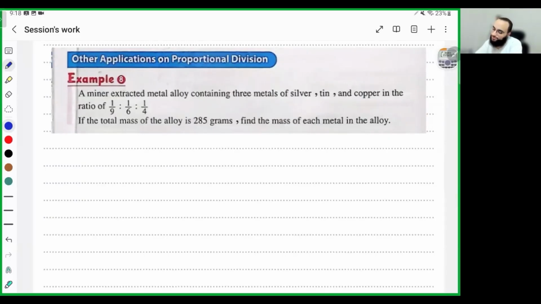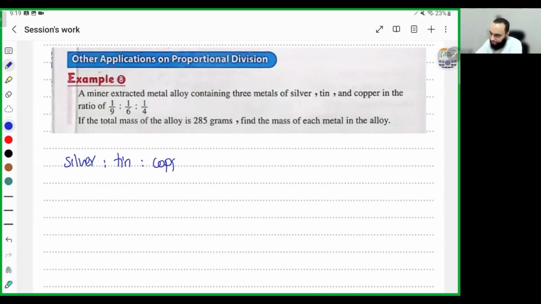A miner is the man who searches for metals inside the ground. The alloy contains silver, tin and copper.